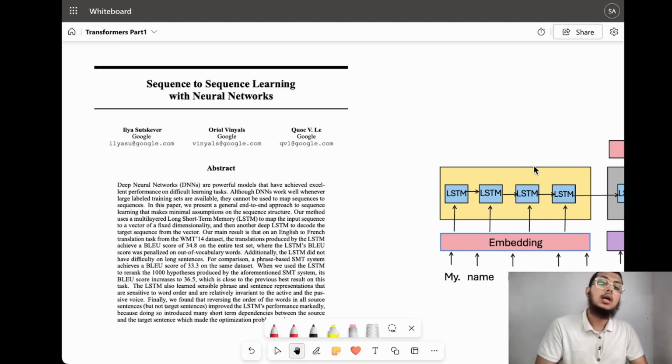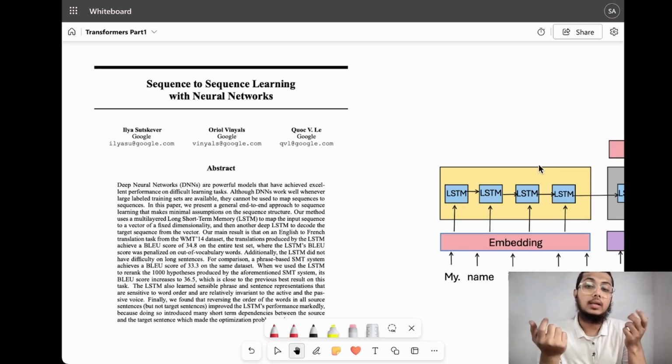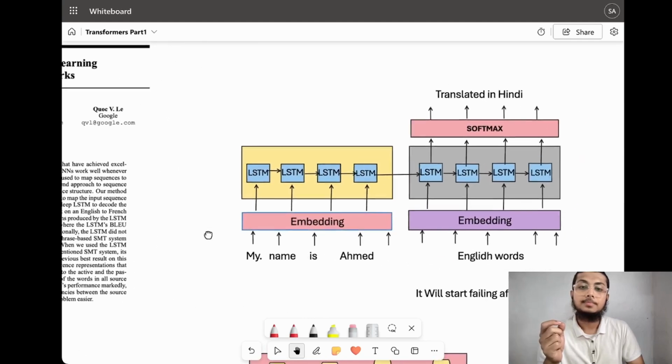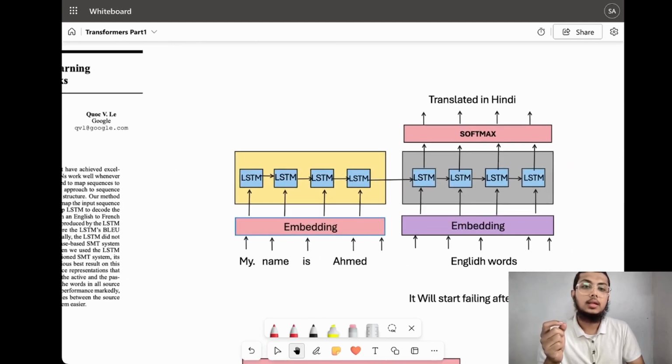Just to give you a rough overview, as soon as we are given a sentence like "my name is Sheikh Ahmed", we enter this sentence into this LSTM in a step-by-step fashion. What is the work of this LSTM?